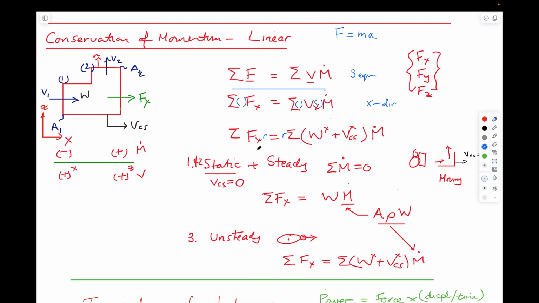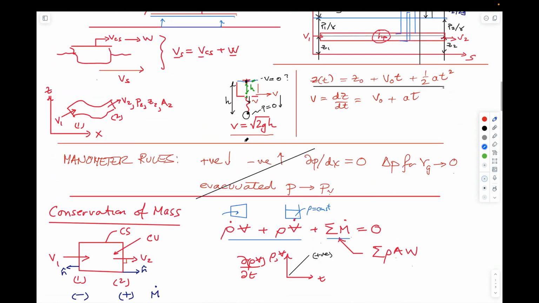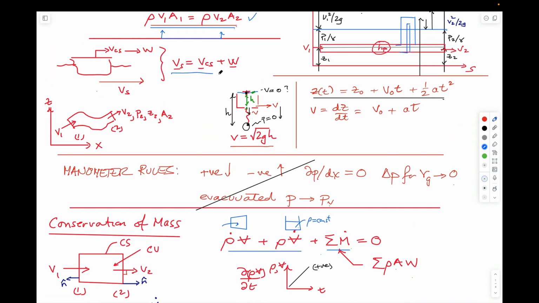If we want to define behaviors in terms of a moving coordinate system, this is the static velocity. And so we can always write that static velocity in terms of this component here. So the static velocity is always the sum of the velocity of the control volume plus the relative velocity of the fluid relative to that.